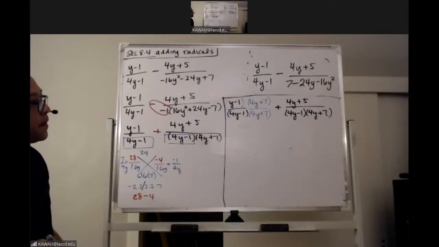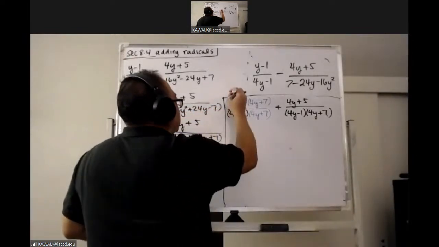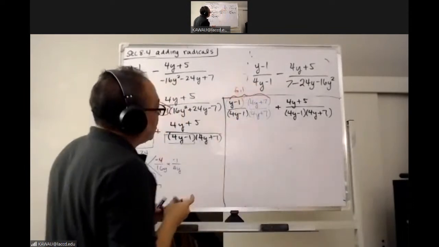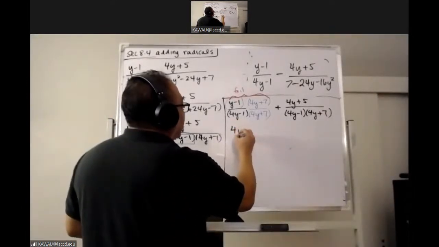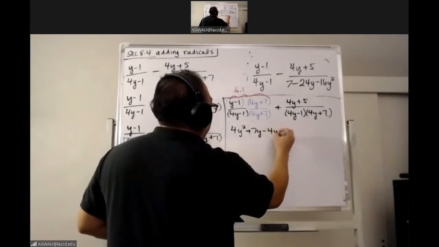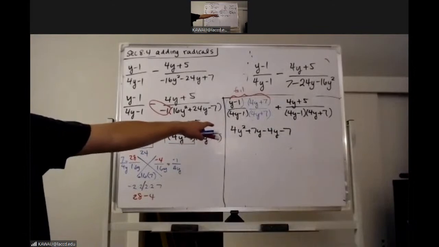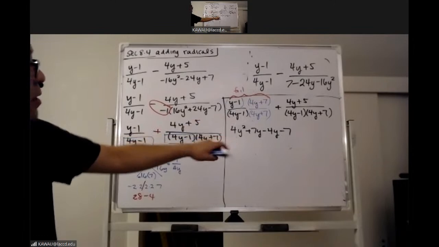Okay, now the tricky thing here is you have to FOIL this. So you now have 4y squared plus 7y minus 4y minus 7. Let me make sure I did that right. 4y squared plus 7y minus 4y minus 7.